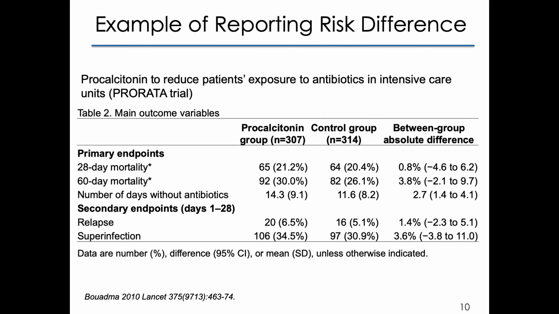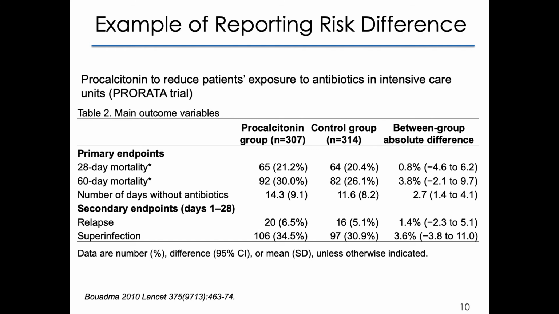An example, again, a randomized trial. Example of reporting a risk difference: procalcitonin to reduce patients' exposure to antibiotics in intensive care units. So the two columns are the treatment group, procalcitonin, and the control group. And then the endpoints were mortality.